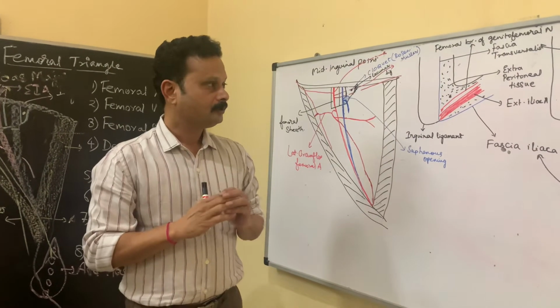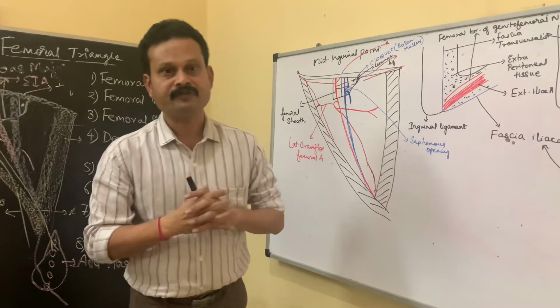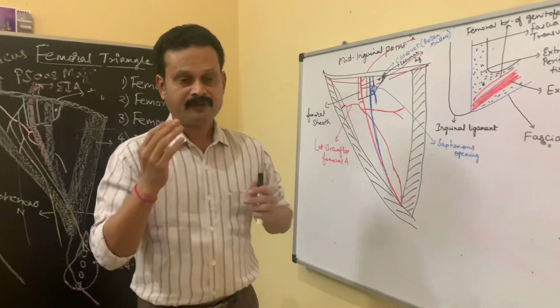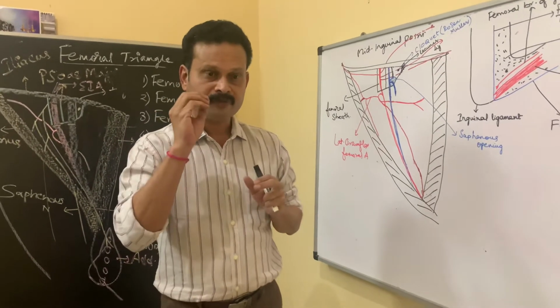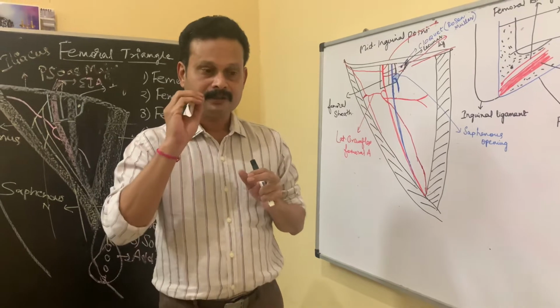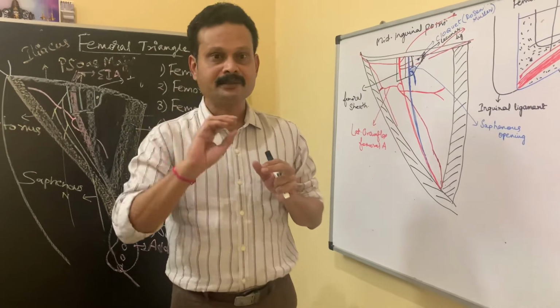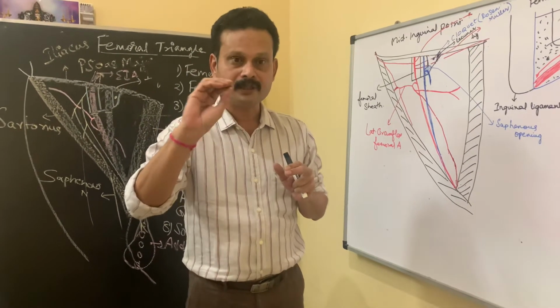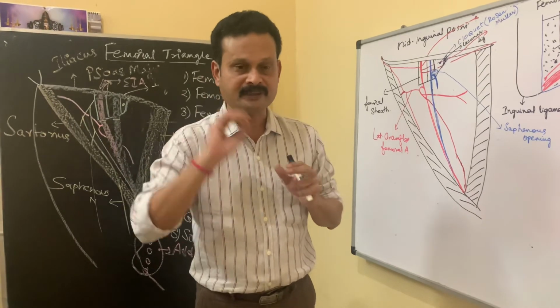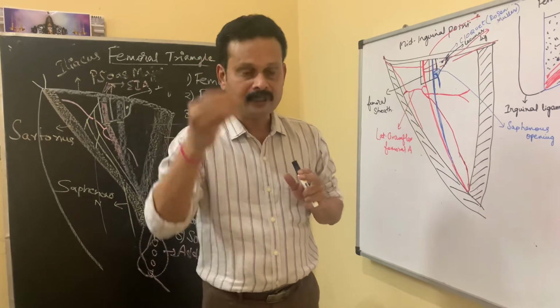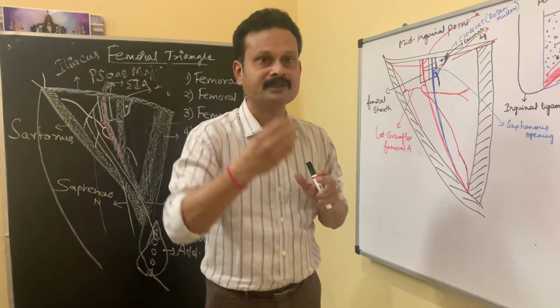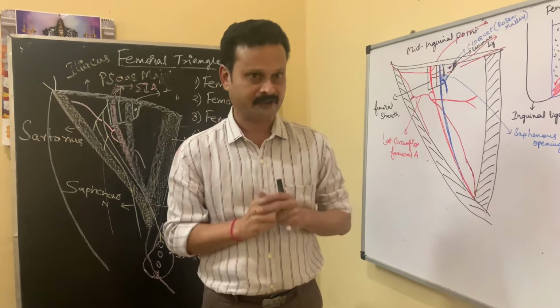Now, what is the function of this femoral sheath? This femoral sheath freely permits the gliding movements of the femoral vessels below the inguinal ligament during the movements of the hip joint. That is the function.